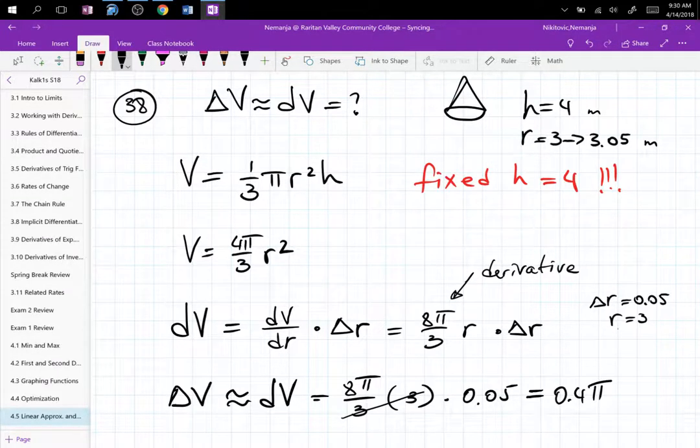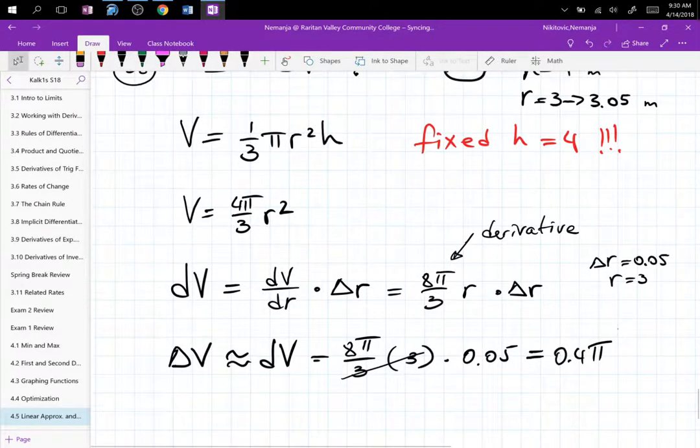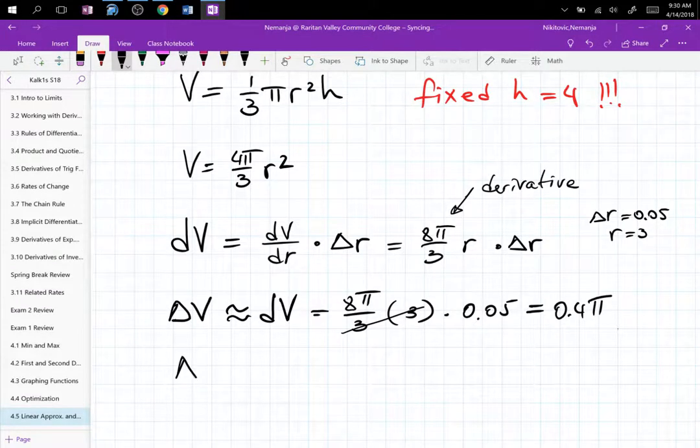So the change in volume is about 0.4 pi, about 1.2, since 4 times 3 is 12. Let's see, 0.4 times pi is 1.25, 1.26. So the change in volume is approximated by dV, and dV is about 1.25 or 1.26. That's good, and that's the answer to the question.